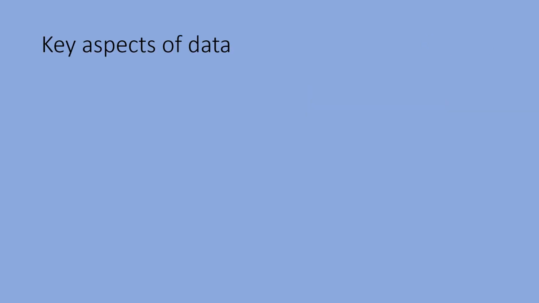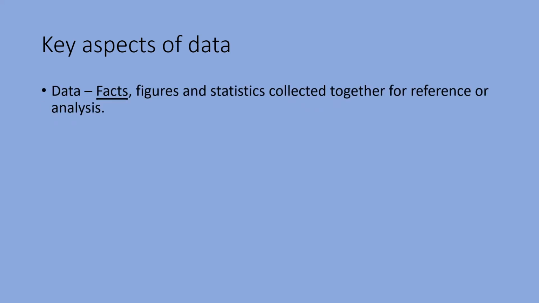Let us see certain definitions. Data is facts, figures, and statistics collected together for reference or analysis. We know that the data is numerical figures, information about the activity done. This data is used for further analysis for evaluation of product quality.